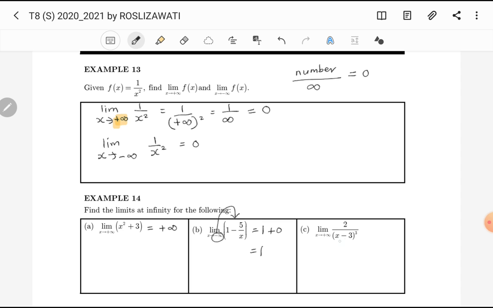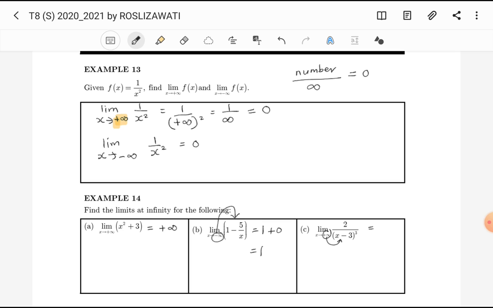And part C, limit 2 over (x minus 3) cube as x approaches positive infinity. You try to substitute positive infinity into the function. So, infinity minus 3. 3 tu yang dia minus tu tak efek langsung dia. Kenapa? Sebab infinity tu sangat besar. So kalau ada tolak 3 ke, tambah 3 ke, tambah 100 ke, dia tak efek.